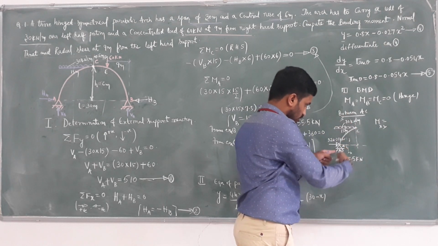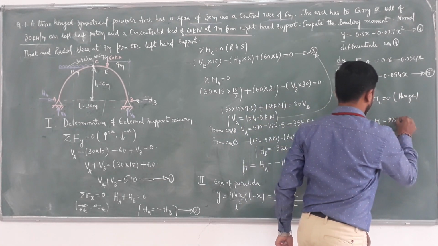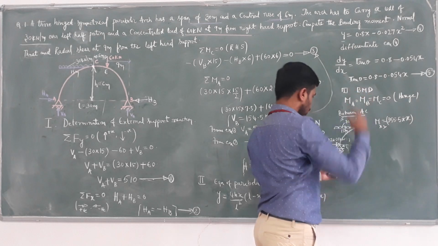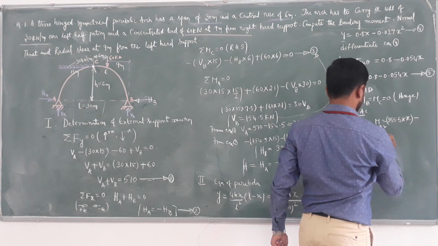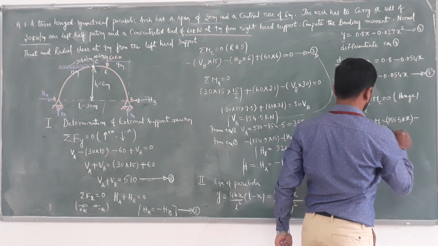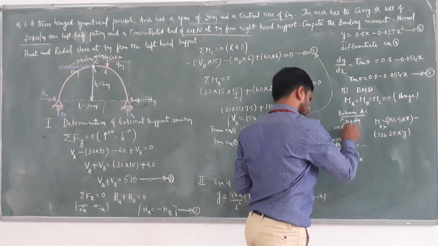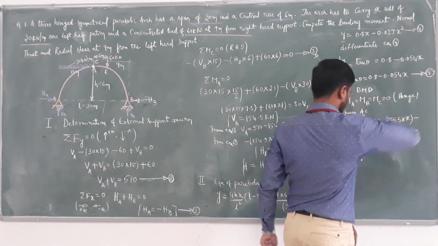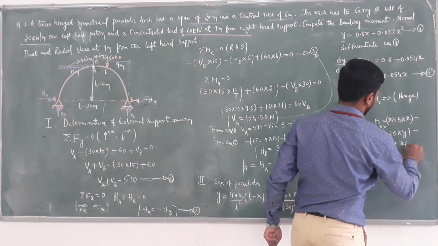So MXX equals 355.5 into X, this is clockwise, and this H, minus 326.25 into Y. This is the rise. I don't know this value, that's why this is Y. And minus this UDL, anti-clockwise, therefore 30 into x by 2.